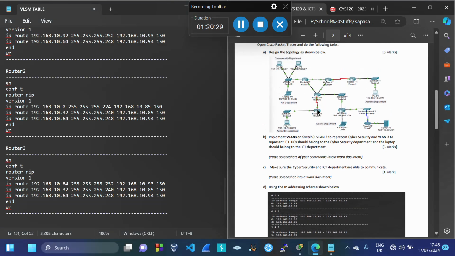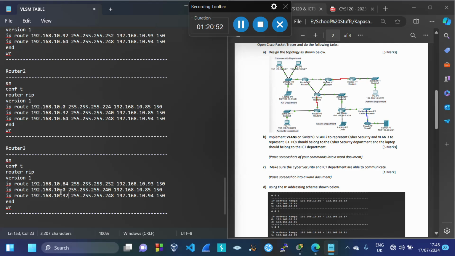Then again, for me to reach cyber security and the ICT department, I need to pass at router 0. But since I know I'm going to cyber security, which is .0, its network, I'll just put .0. Then ICT, which is .32. For now we know, just put 32.